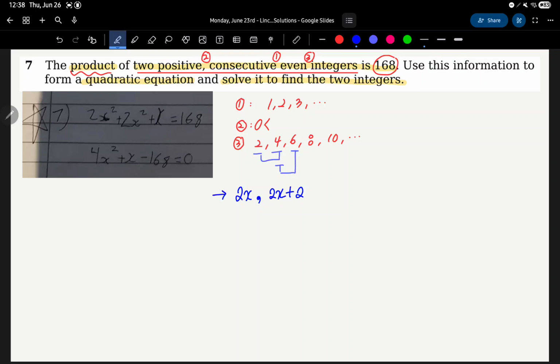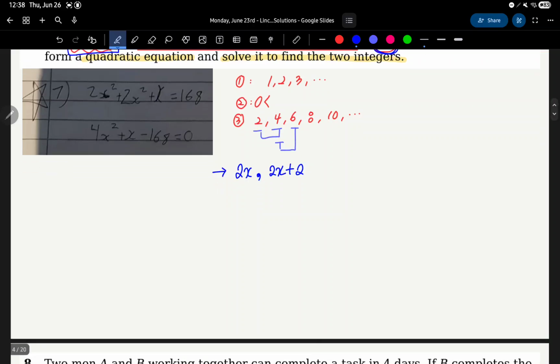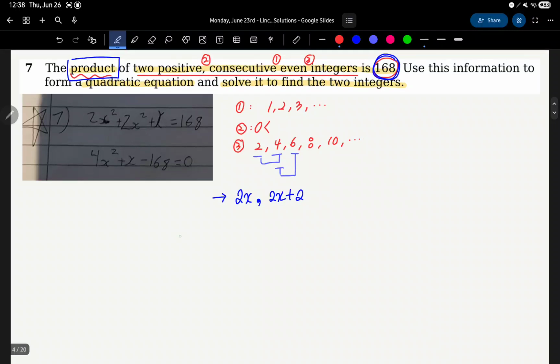So we're going to use these expressions to form a quadratic equation. How do we form a quadratic equation? We're going to use the information that we're talking about a product, and that product is 168. So 2x times (2x plus 2) is going to equal 168. So that is our quadratic equation here.